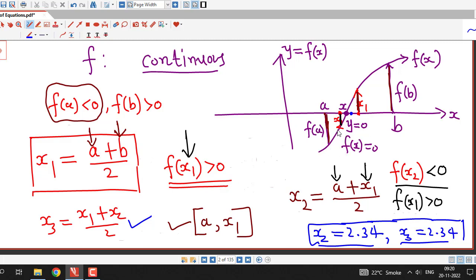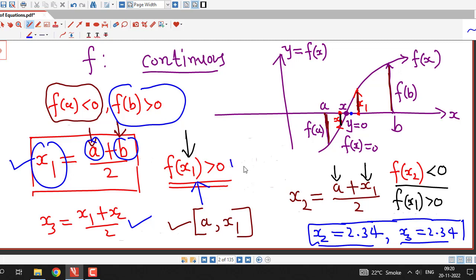It is very easy. First you find the search interval, that is you find by trial and error 2 points A and B such that they are of opposite sign. Then you consider the first approximation as the average of A and B. Then find the value of the function at that point x1, and if f of x1 is positive then you check for which point the function is negative. x1 is the average of A and B and f of x1 is positive, so you find the point for which the function has a negative value.